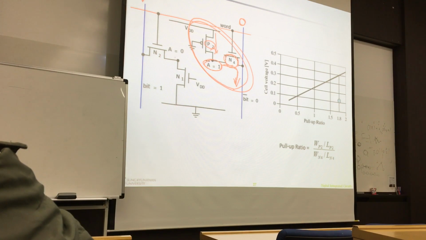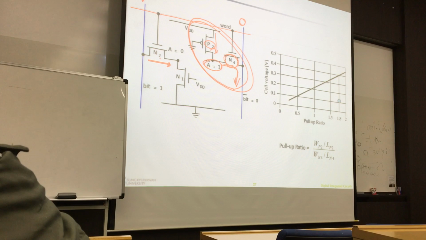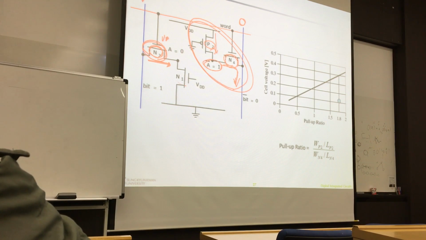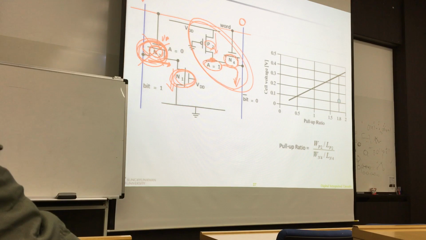On the other side, you could also inject current through this N2, but basically this is NMOS driving high and this is NMOS pulling down, so this cannot really win. So you actually need to flip this first and then let that feedback come to here and let this pull up happen.